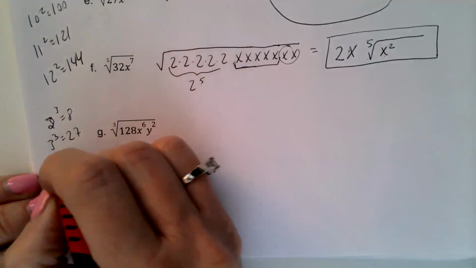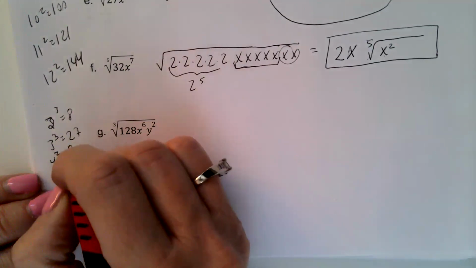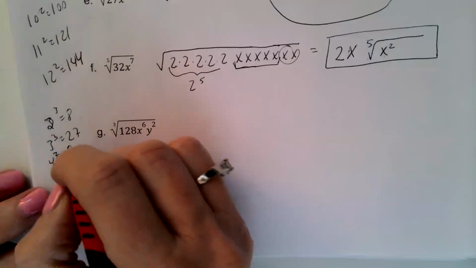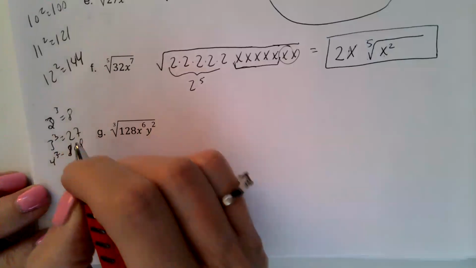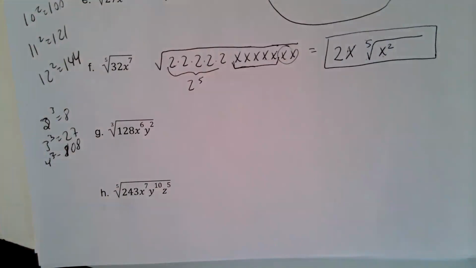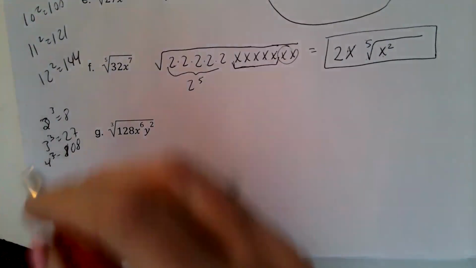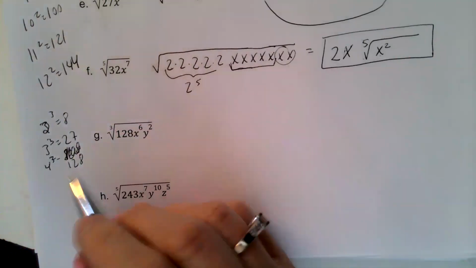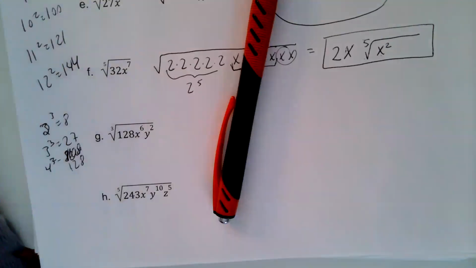And we already know 4 cubed is 64. 16 times 8 is 128. Okay. Oh, there it is. 4 cubed.